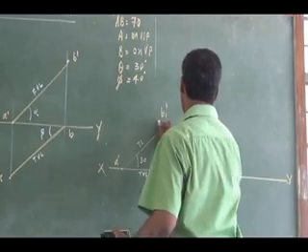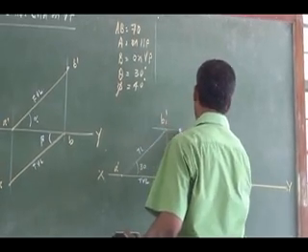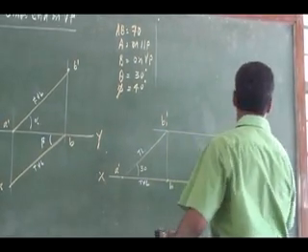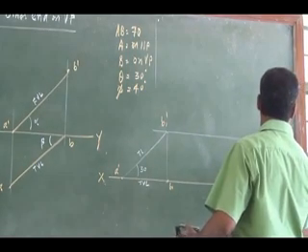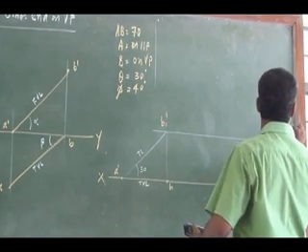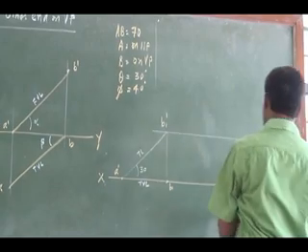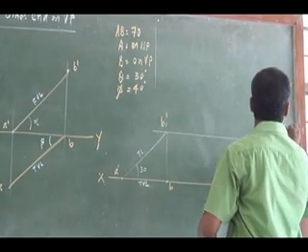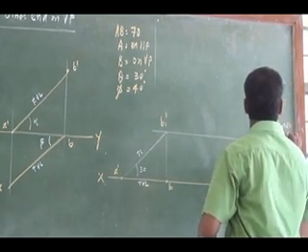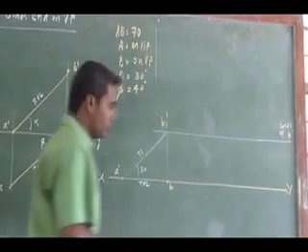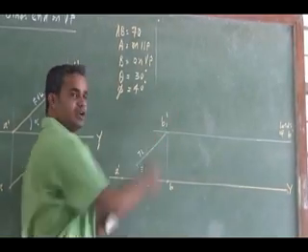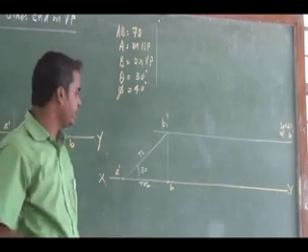This is nothing but the locus of B dash. Right, this you know. So I have got the top view length, I have got the locus.